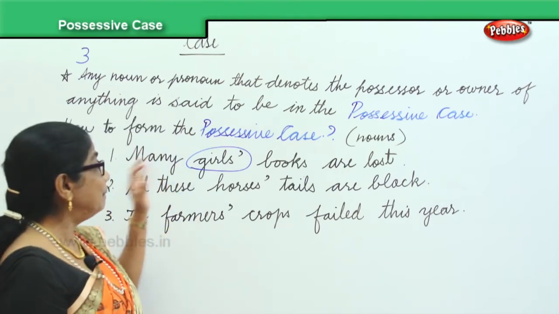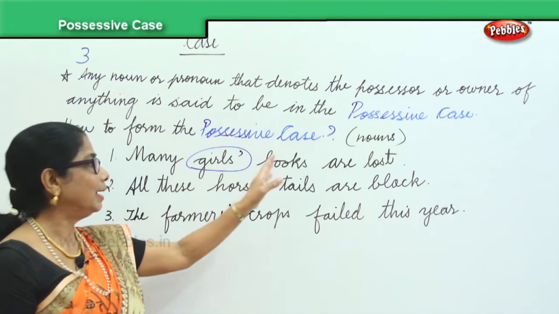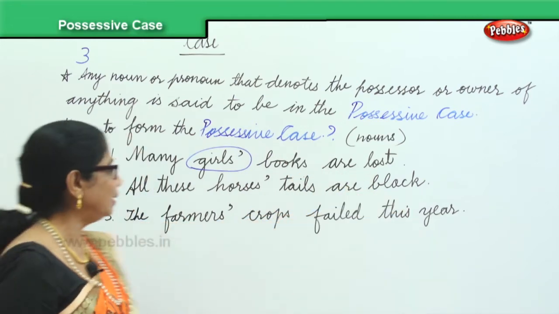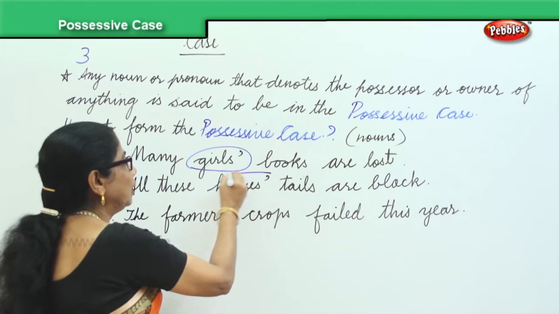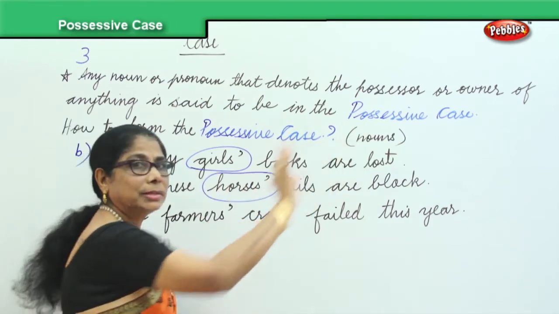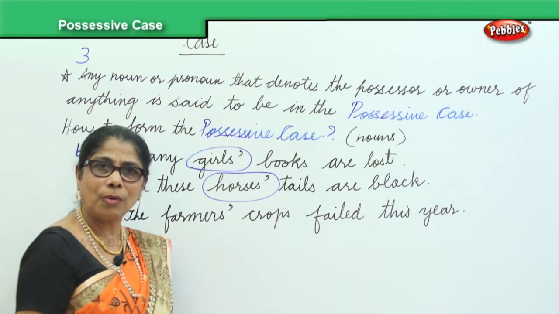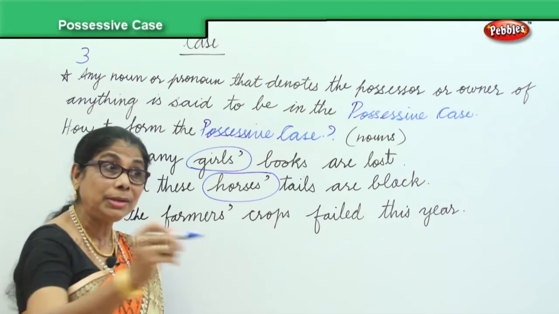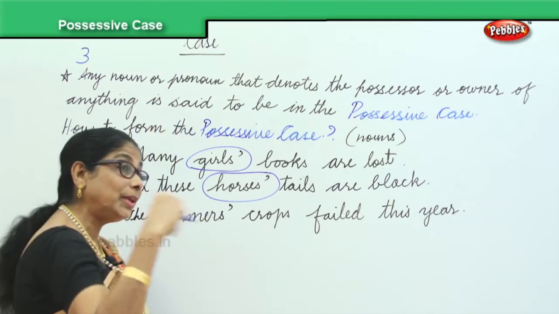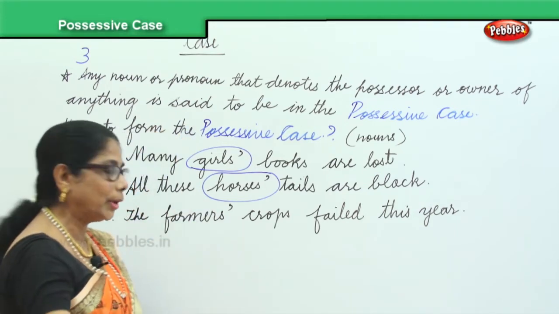So you say, many girls' books are lost. Here, all these horses, look at the apostrophe, all these horses' tails are black or brown, whatever. All the benches, you put the apostrophe after the benches, are broken.